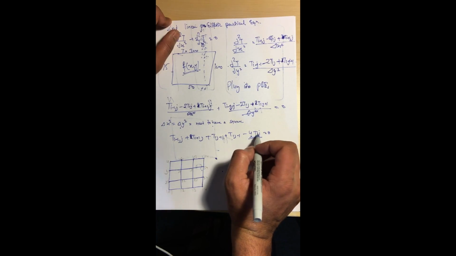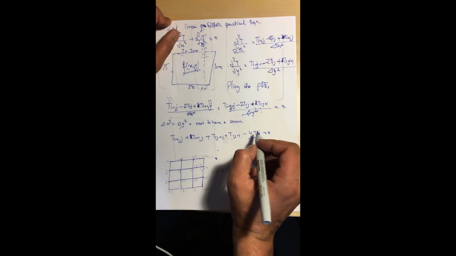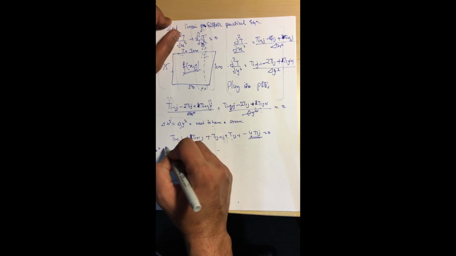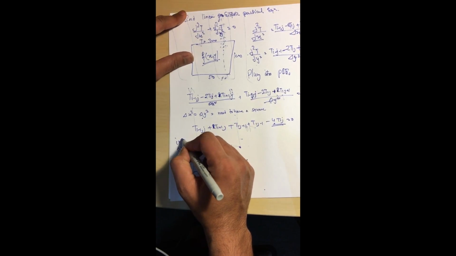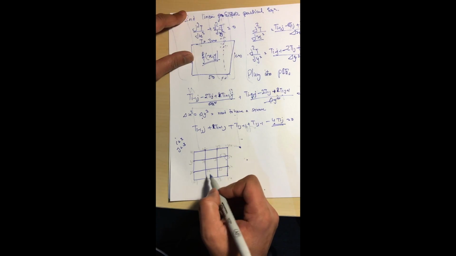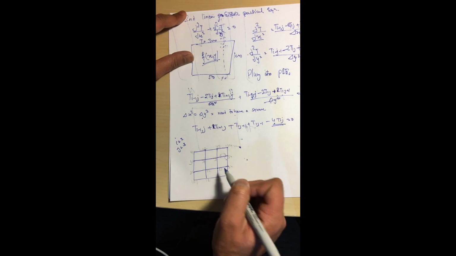So let's take an example, where i is 2 and j is 3. So our 2,3 is this point.